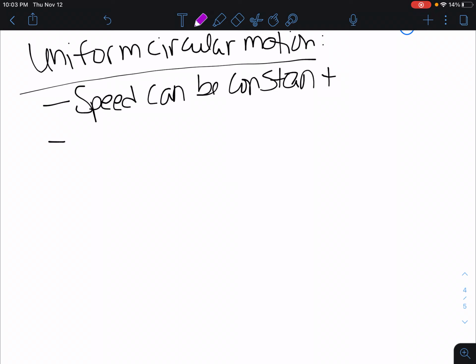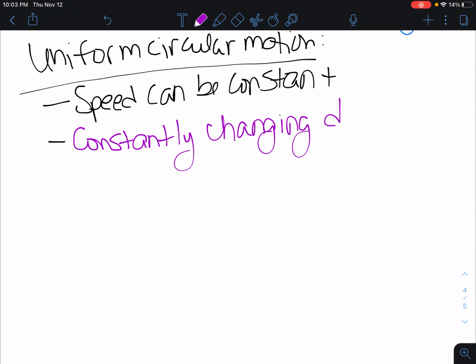So uniform circular motion is a constant change in direction. So it's constantly changing direction. So it has acceleration, okay? So since it's constantly changing direction, Newton's second law is going to apply.